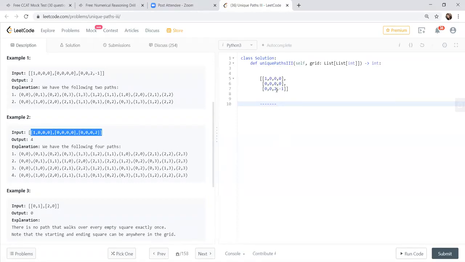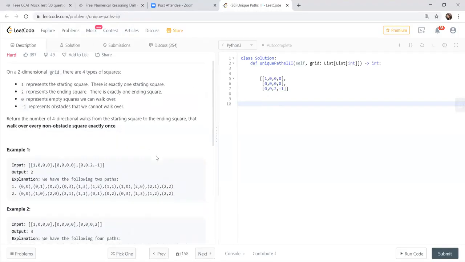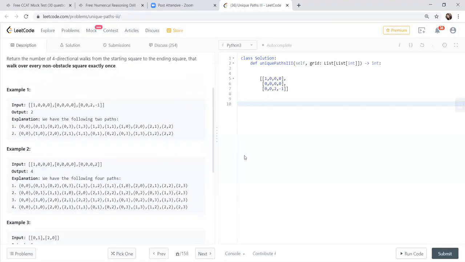So let's talk about the first example only, and then we can go to the second. What kind of approach or logic can we apply here? It seems like we are going through the depth of all the paths. I think depth first search would work best over here.